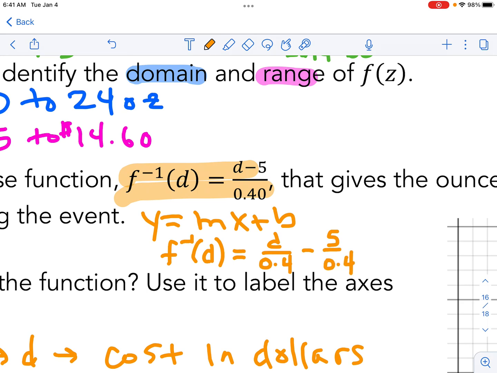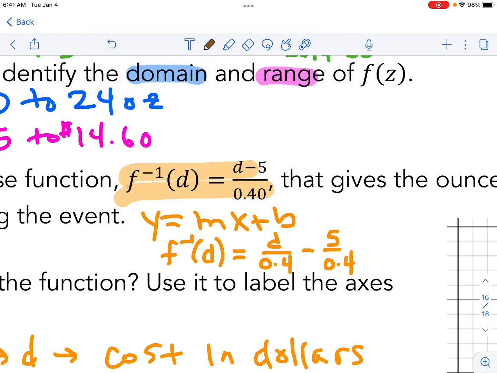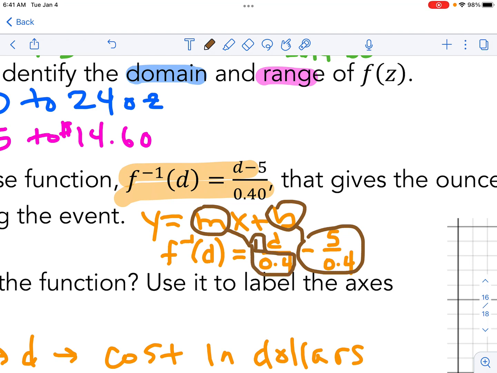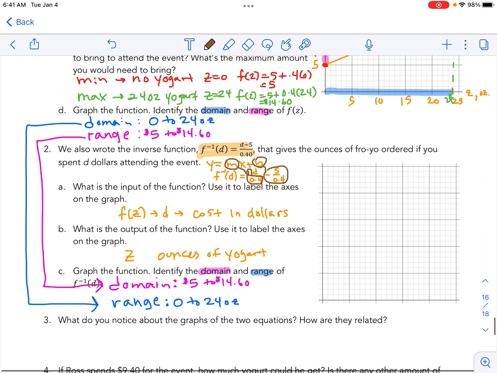Okay, so you can see your b, your b is whatever that number is, and your m is this with a 1 right there, 1 over 0.4. But like I said, that is really hard to see and really hard to graph.